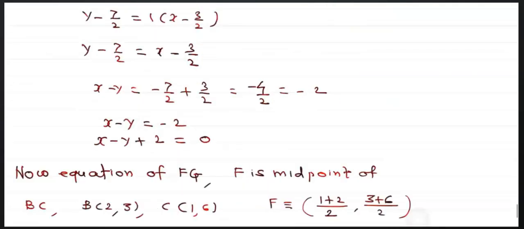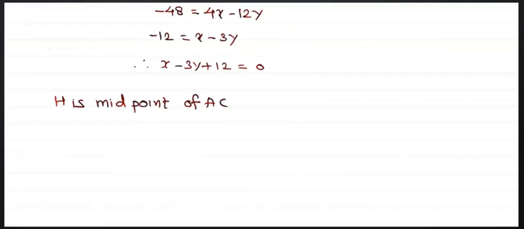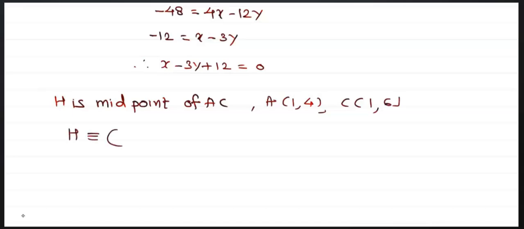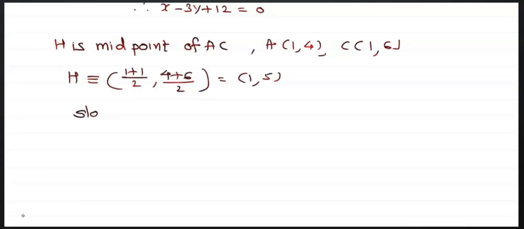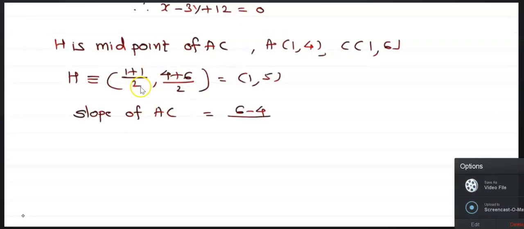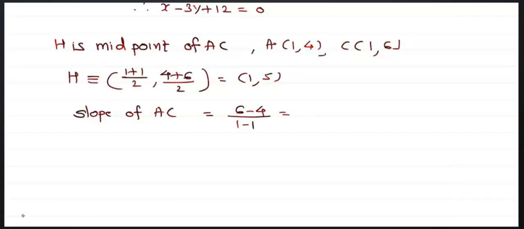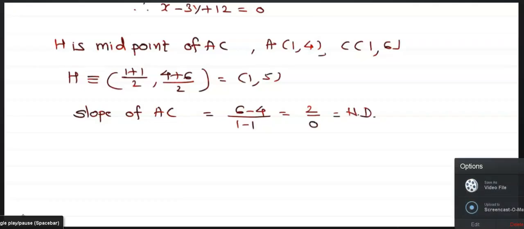Now next is H, the midpoint of AC. H coordinates 1 4, C is 1 6. Therefore H is 1 plus 1 upon 2, 4 plus 6 upon 2, that is 1 5. Slope of AC, that is 6 minus 4 upon 0, which is not defined.